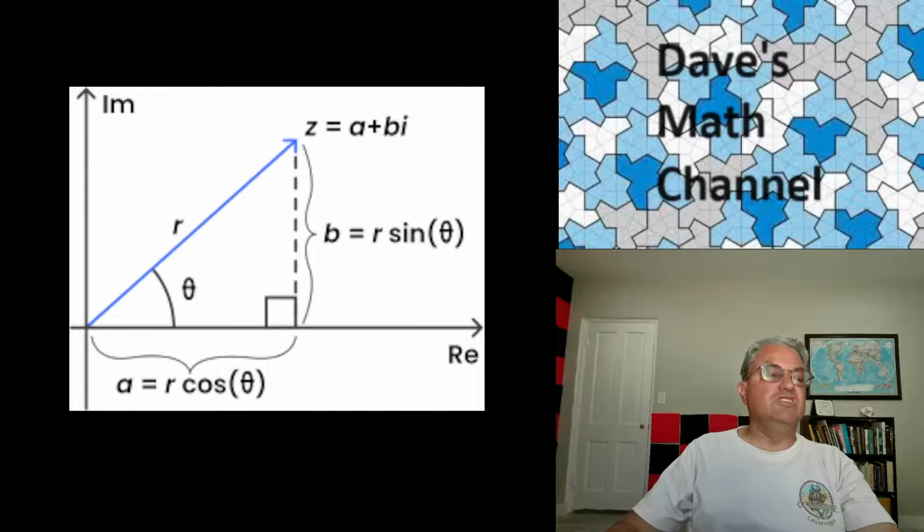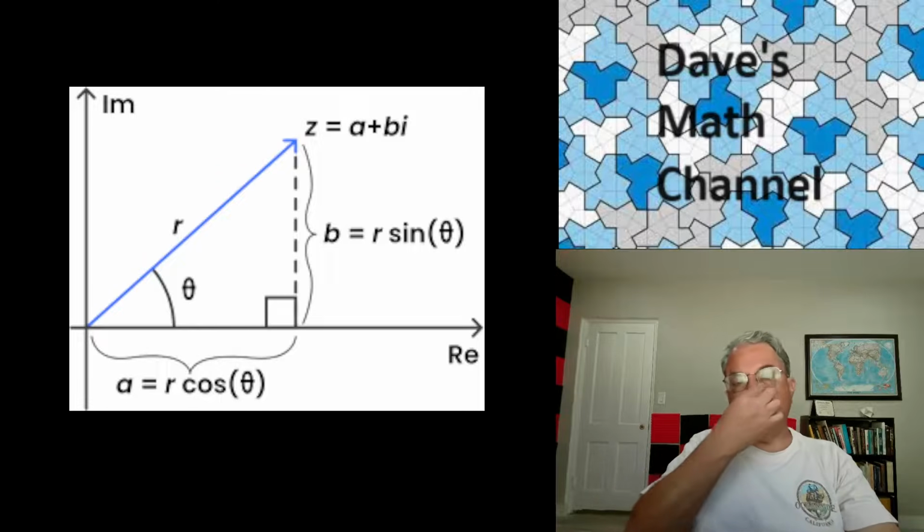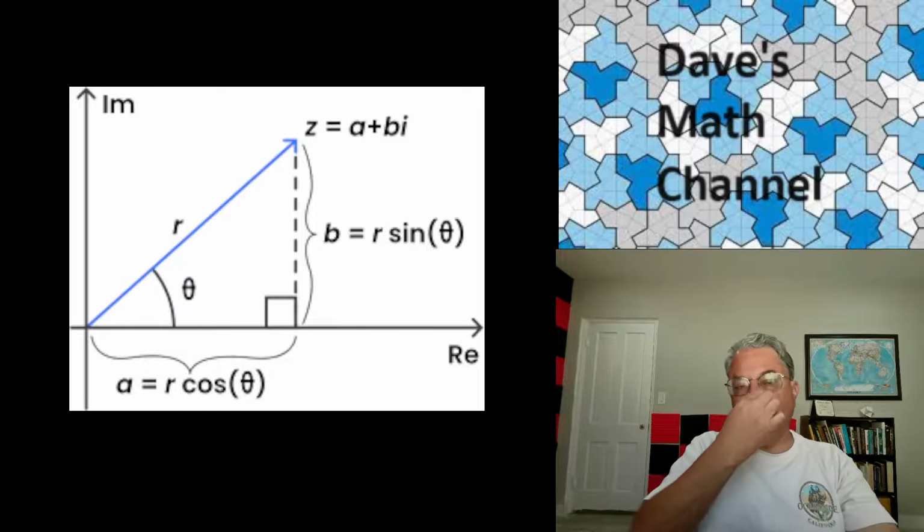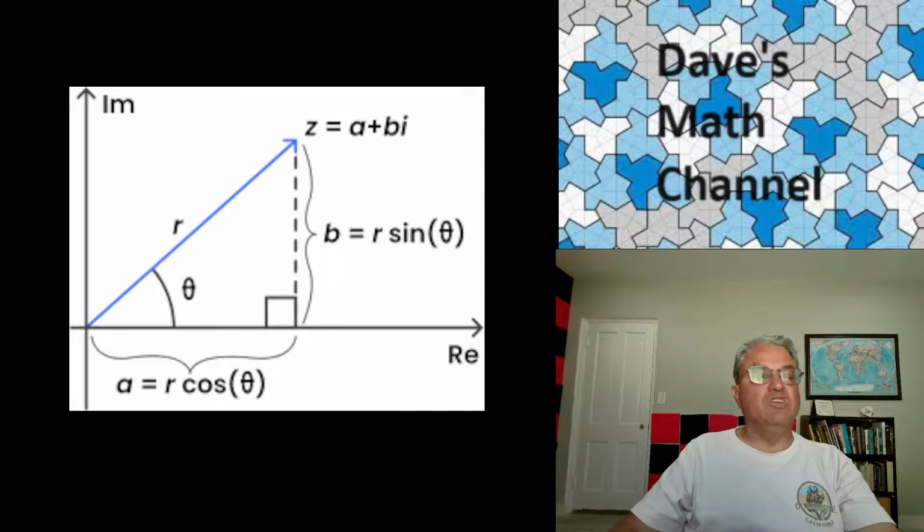And it's not enough to know just r. You also have to know the angle that this vector makes with respect to the x-axis, or the real axis in this case. We're calling that angle theta. And there's another formula for theta. They don't give it here, but theta turns out to be the arctangent of b over a. You have to be a little bit careful because it depends on what quadrant you're in.